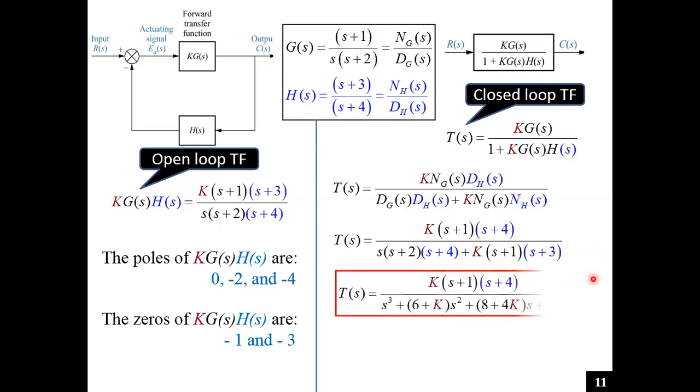Now we can see that this is a third order system with a system parameter K. It also cannot be solved using MATLAB because we have to define the value of K. So it is difficult to find the poles of this transfer function.